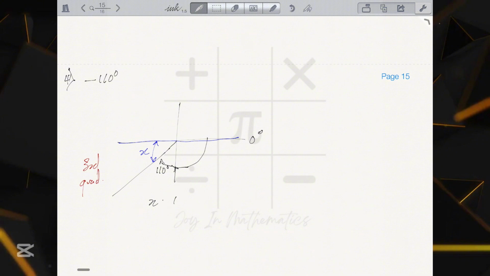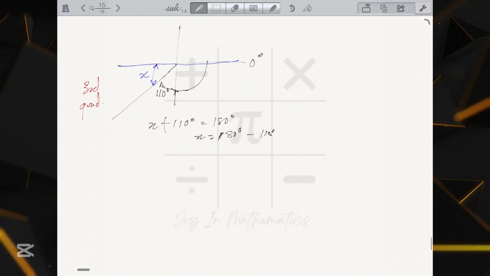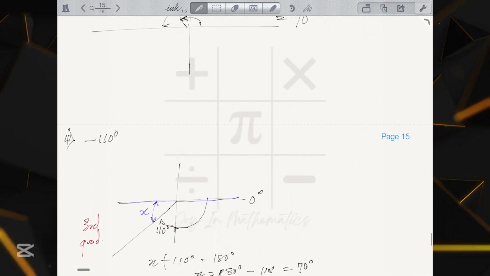Therefore we say x plus 110 degrees is equals to 180 degrees. Therefore, x is equals to 180 degrees minus 110 degrees, which is equals to 70 degrees. So minus 110 degrees is in the third quadrant with relative acute angle of 70 degrees.